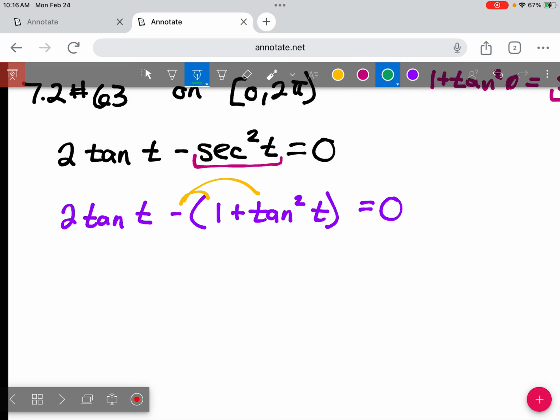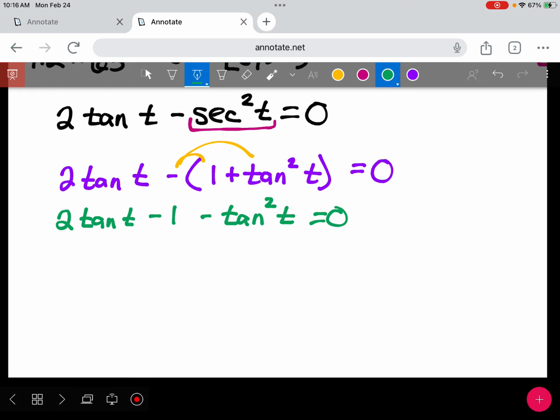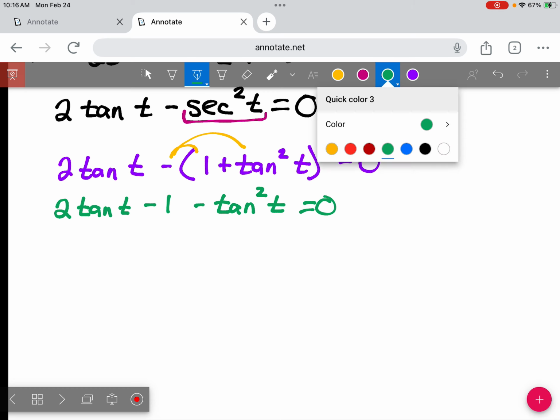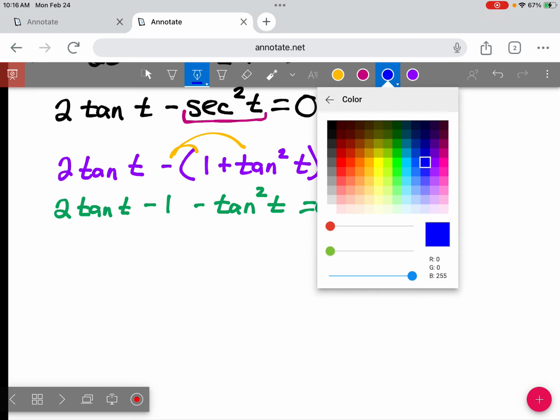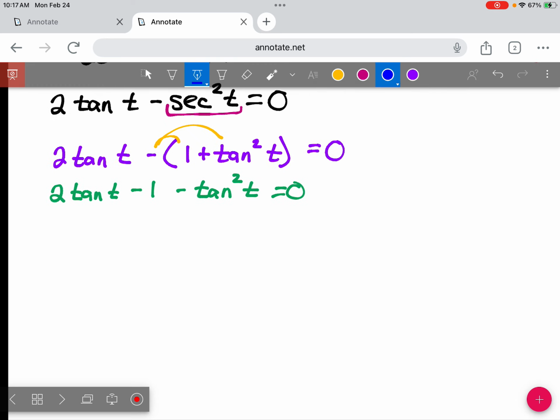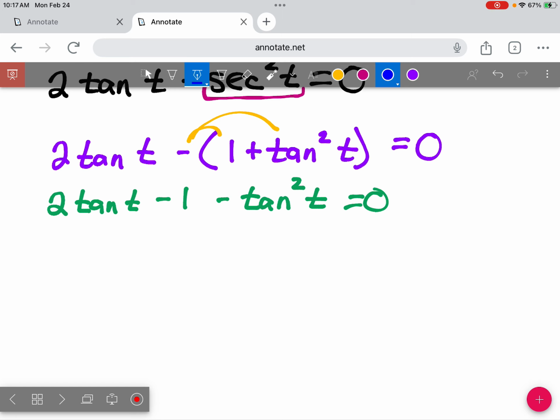So we need to do 2 tangent of t minus 1 minus tangent squared. Then what should we do? You can, but that's not going to be particularly helpful. It's another quadratic type. So let's rearrange it so we're in standard form.